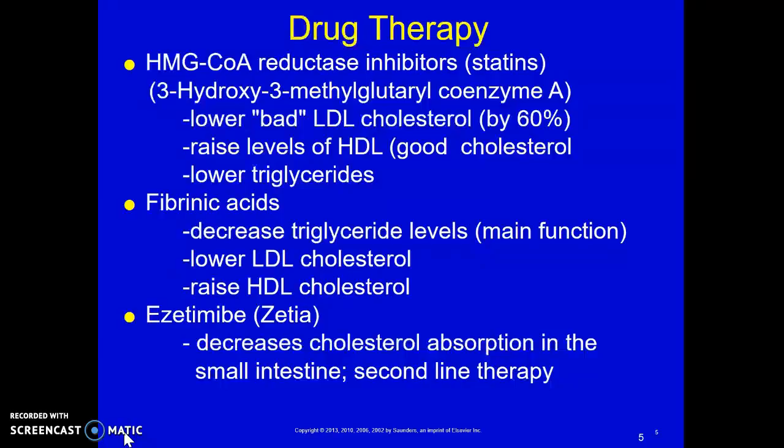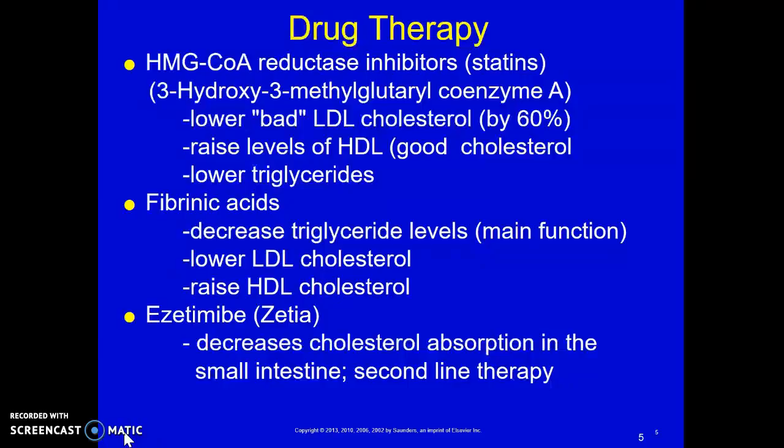Fibric acids, their main function is to work on triglyceride levels, but they also help adjust the LDL and the HDL to optimal levels. And then another drug that is commonly used is called Zetia, and sometimes that's shown on some TV commercials lately, but it is used as a secondary line therapy, not as a primary, meaning that it might be used in combination with some other drug.